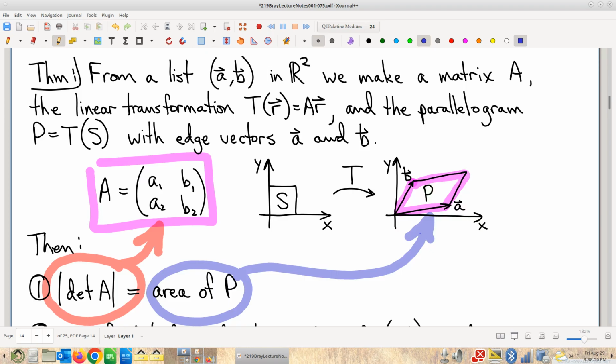I still remember very well when I first saw this fact. And I remember thinking, this is not even plausible. How could this be? Every formula I've ever seen before this one for how to compute this area, I had to compute the length of this edge. That's a square root. There's no square roots in determinant.